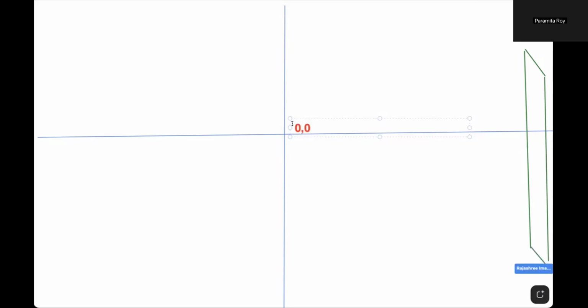As she said before, it has to be within the brackets. And this is the point where they're intersecting, and that is where the values of x and y are both 0. Okay, this is the point. So thank you so much.